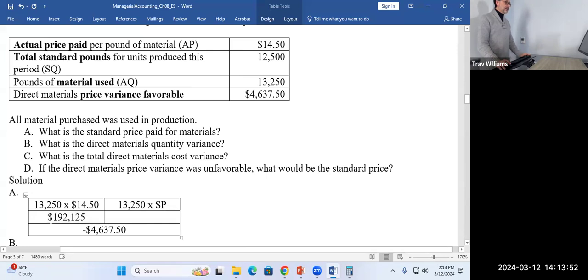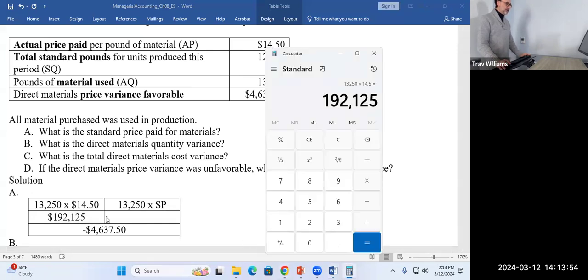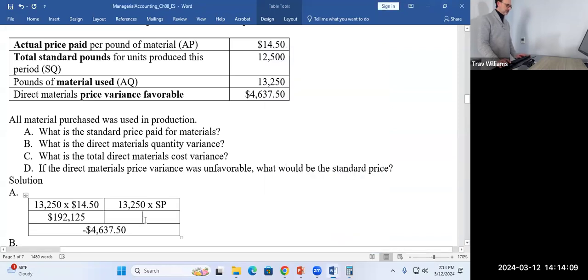And what that means is if we take that number on the left, we add the 4,637.50 as a positive number, we get the higher number on the right, 196,762.50. Okay, so now you can see if we took that number on the left, subtract the bigger number on the right, we would end up with this negative result.